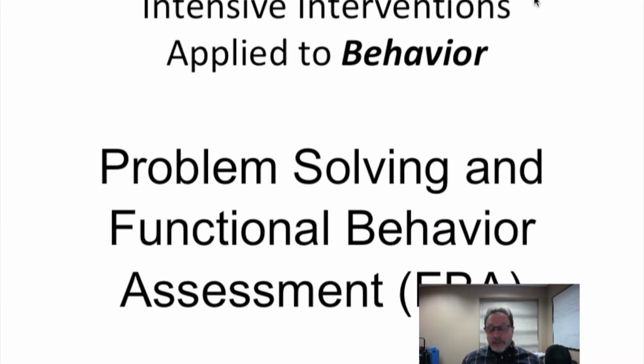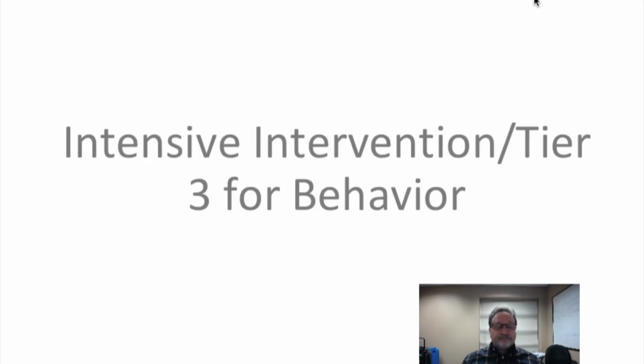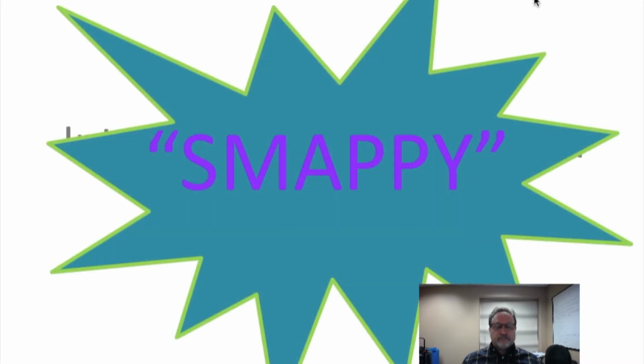We're going to switch gears now from using an individual problem solving process for academics to applying that to behavior. So, problem solving and functional behavior analysis: intensive intervention, tier 3 for behavior. SMAPI is the term that was used earlier in this course, perhaps by more than one of us.